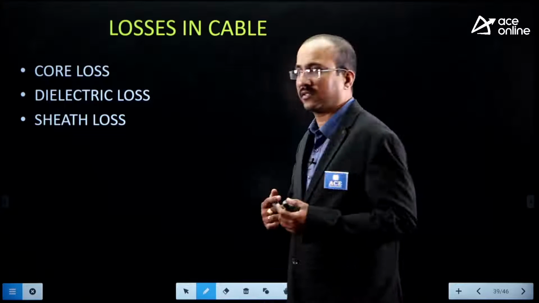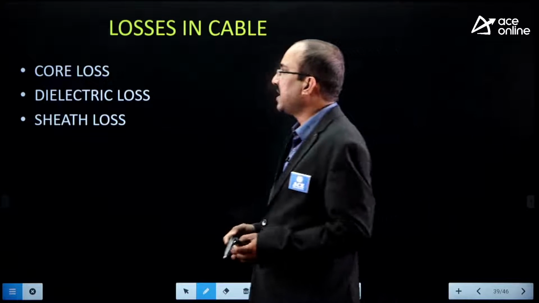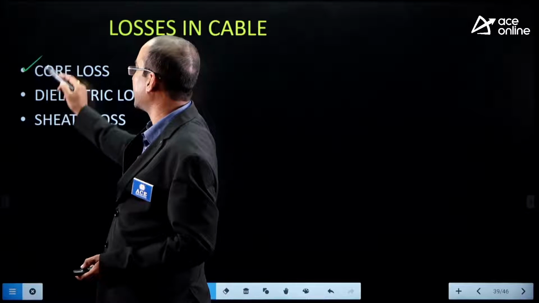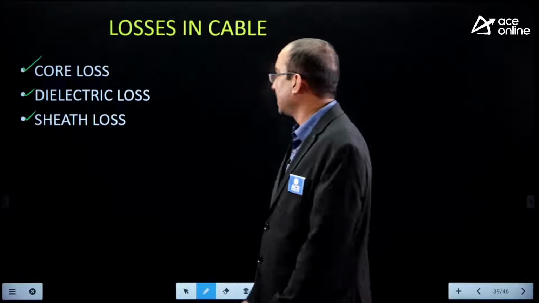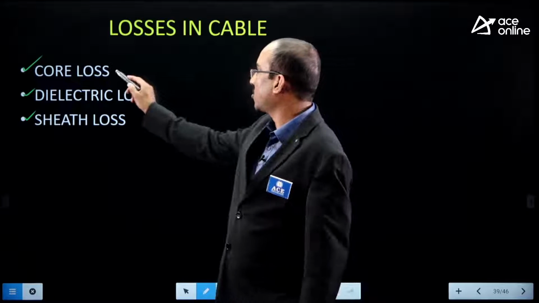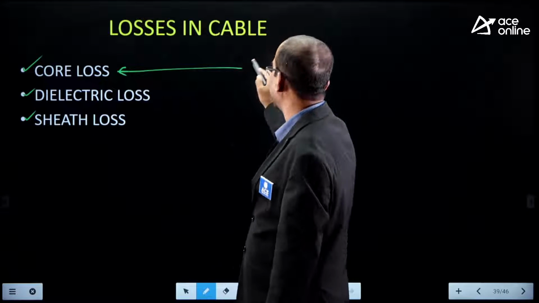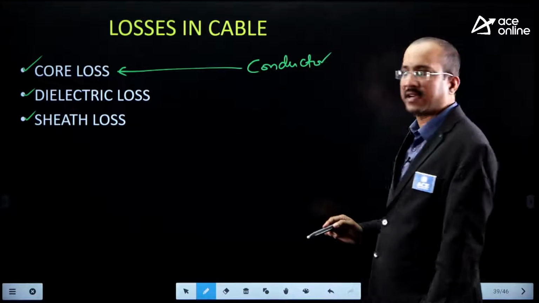So what are the losses that take place in case of underground cable? Mainly there are 3 types of losses: core loss, dielectric loss and sheet loss. Core loss takes place in the conductor.